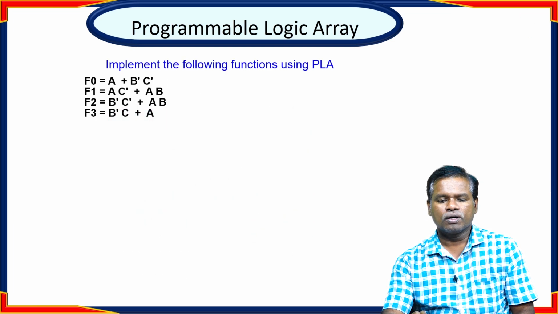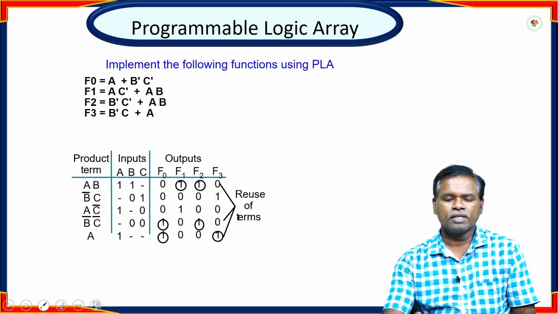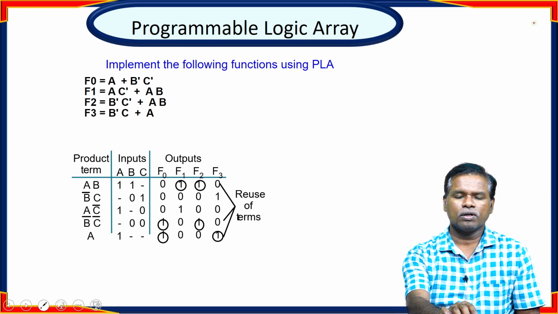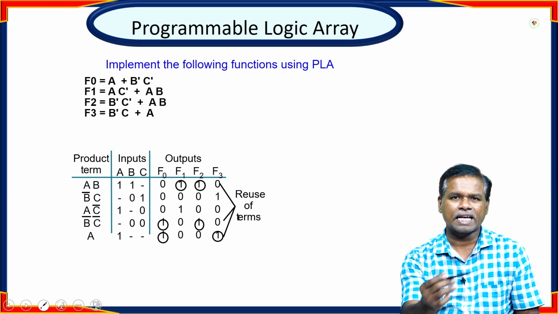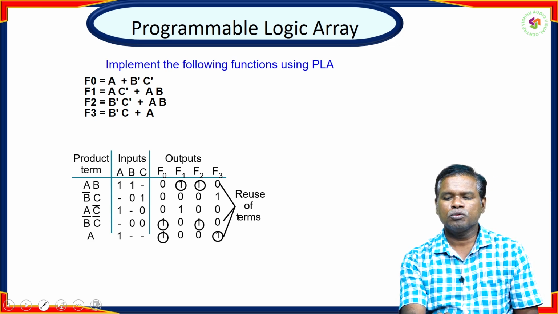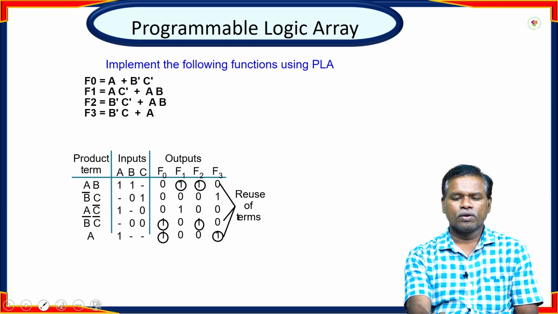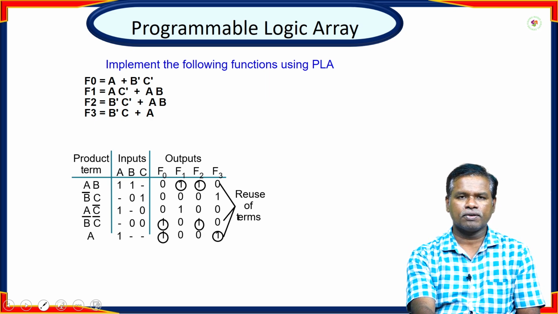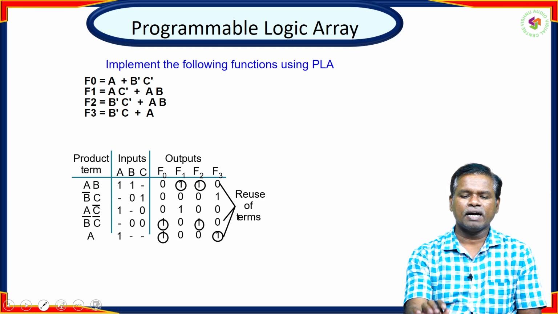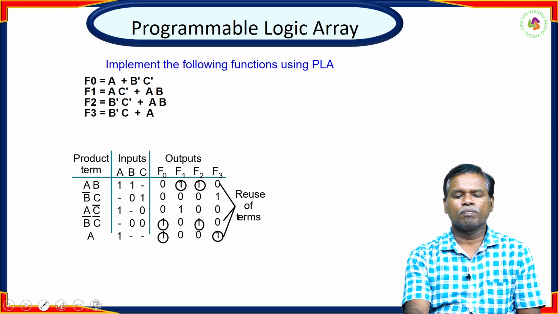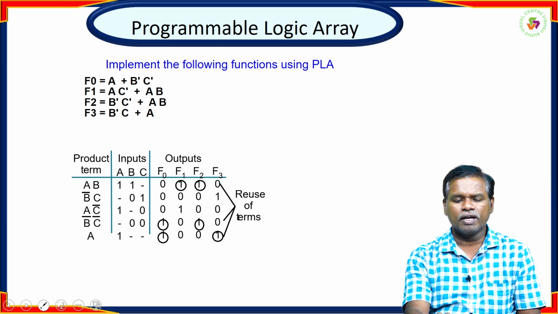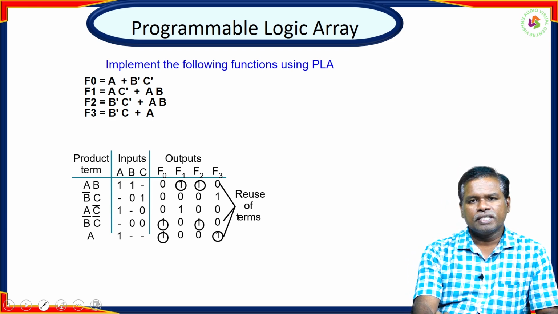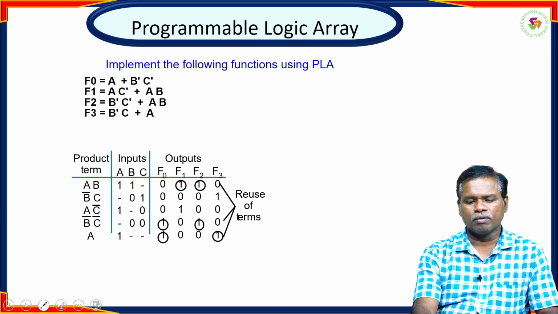Let us see. In this example, we are given 4 different Boolean functions, or expressions, which are to be implemented using a PLA. The 4 Boolean functions are named F0, F1, F2, F3. Each one has an expression involving variables A, B, C, where each variable may be present in true form or complemented form.